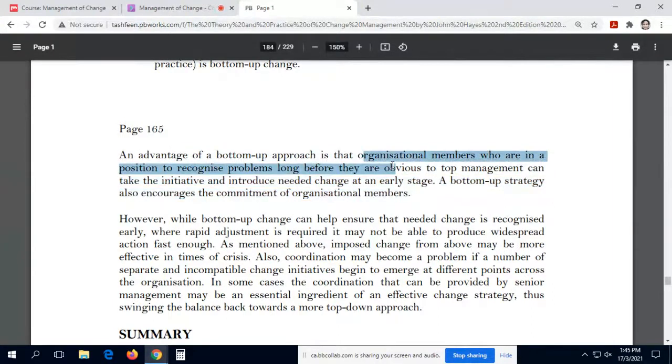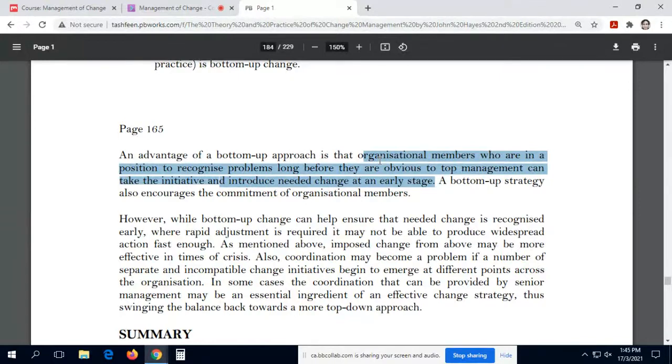You have to think about these things, like the organizational members who are in a position to recognize problems long before they are obvious to top managers can take the initiative and introduce needed change at an early stage. Yeah. Please reflect on that. If you have an organization where members are in a position to recognize problems long before they are obvious to the top manager, then they can take the initiative and introduce needed change at an early stage.